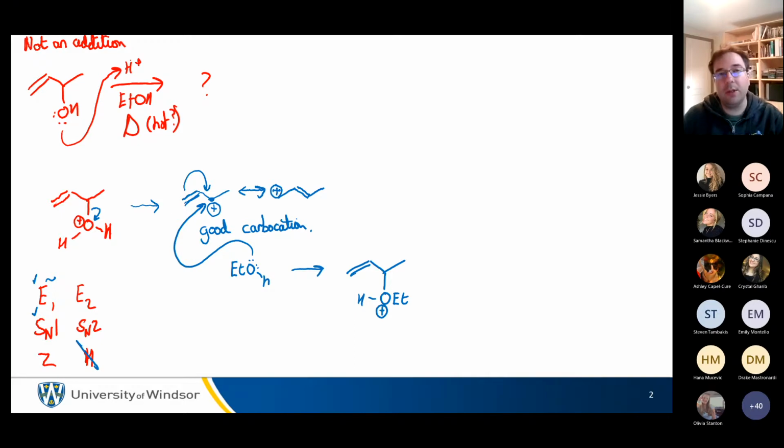We generate that product, and then that's going to be in equilibrium with the deprotonated version.